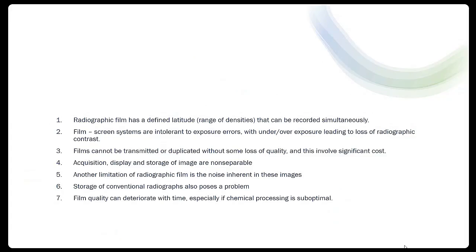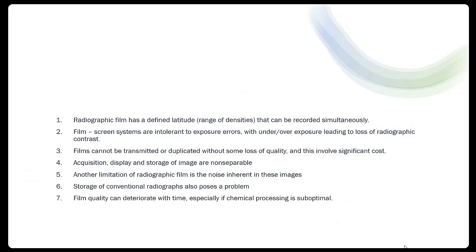Then films cannot be transmitted or duplicated without some loss of quality, and this involves significant cost. In the modern digital system, it is very easy to transmit and duplicate, that is, to make a copy of the image we have already captured. But in conventional film screen systems, the films cannot be transmitted or duplicated.